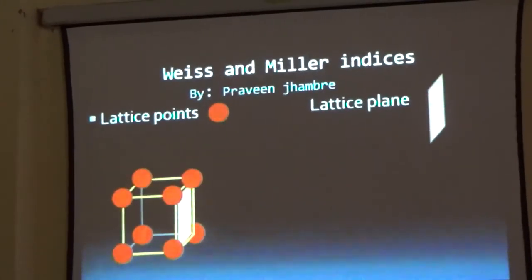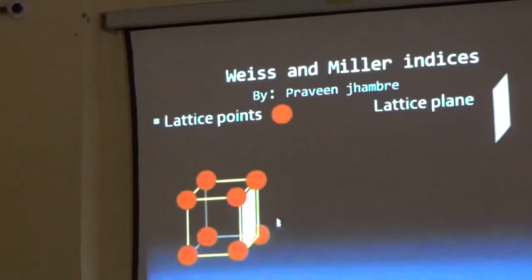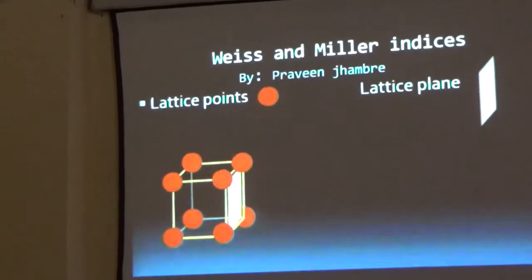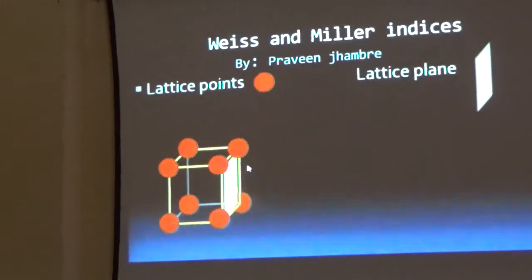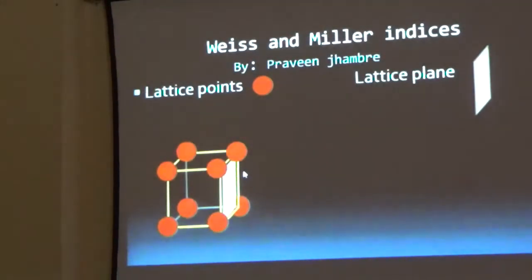Are you getting my point? If we consider this as a unit cell, this is a face of the unit cell, as we study in the face-centered cubic unit cell, and if we assume that this is the whole crystalline structure, then it becomes a plane. Okay?